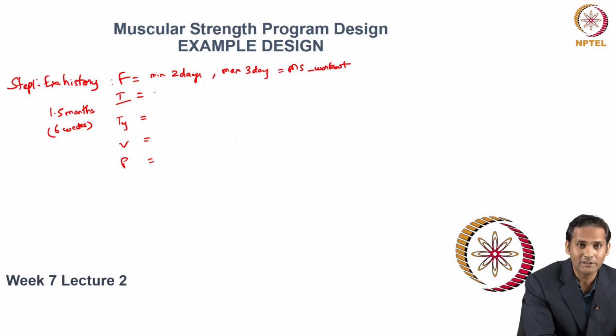At what intensity was I exercising? I was exercising between 2 RM to 8 RM.